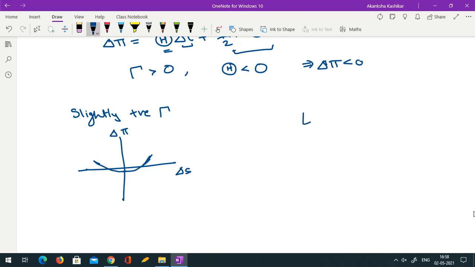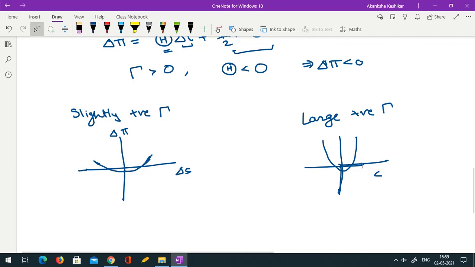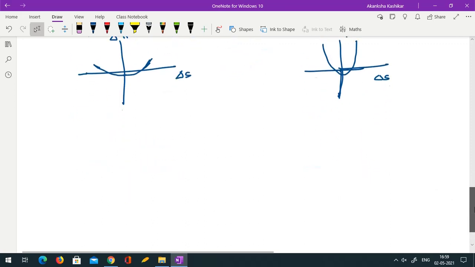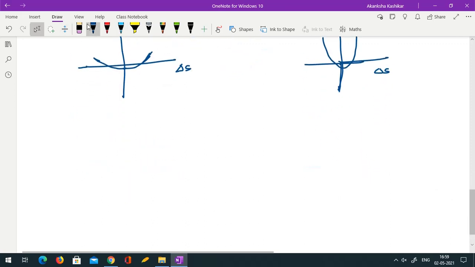Then if you have large positive gamma, then the changes are rapid, they are not gradual. So you have something like this. Rapid changes with respect to delta s in delta pi, correct? And if you have negative gamma, then you have opposite situations.